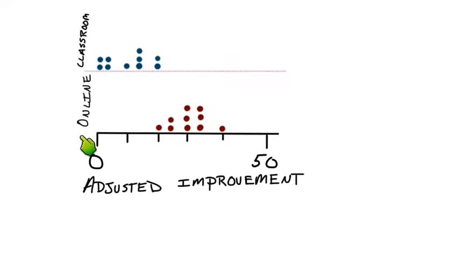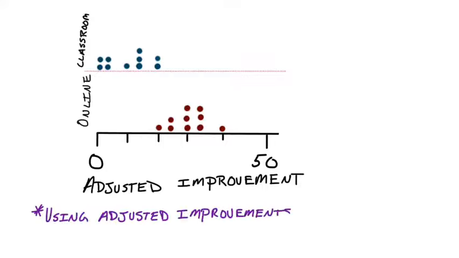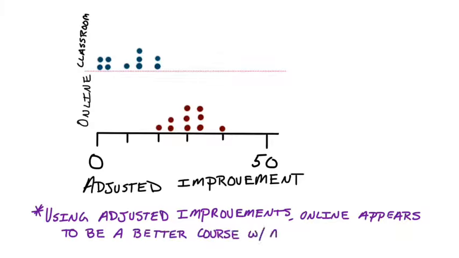So again, you don't have to make this. I just want you to see what that did for us. Now that we had the adjusted scores, we can compare like, oh, for sure, online class better than classroom. So that's my point. So if you use the adjusted improvements, the online appears to be a better course with a statistically significant difference.